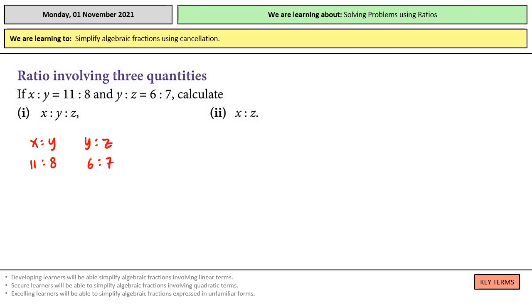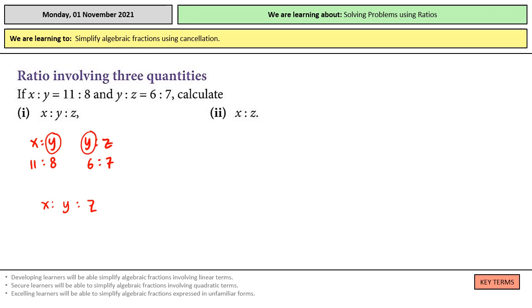Now we need to find a common number so that we can combine them into x to y to z. Let's take a look if we can simplify this or make it a common number. So let's make y common. How do we make y the same?